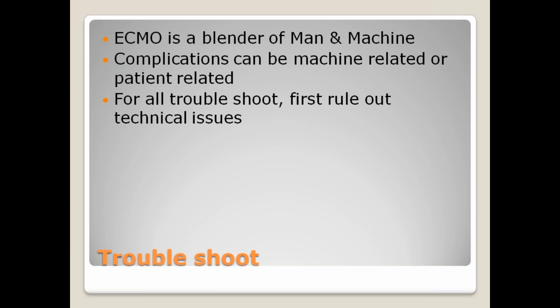As simple as, suppose by mistake the oxygen gets disconnected from the oxygenator. It's a very simple issue, but the patient who is dependent upon it goes into hypoxia, and you keep thinking of some clinical conditions without thinking about the technical issues. The patient will die within the next 5 minutes.